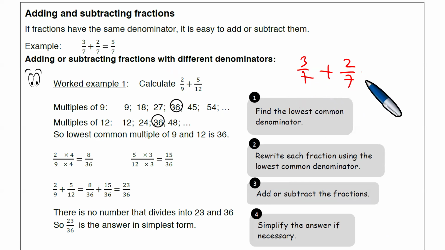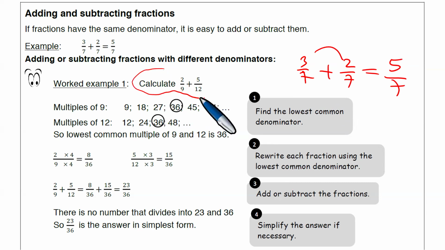The denominators are the same, so we have 3 plus 2, which is 5/7. Adding and subtracting fractions with different denominators: if the denominator is the same, you add the tops, 3 and 2, and get 5, and you divide by 7.